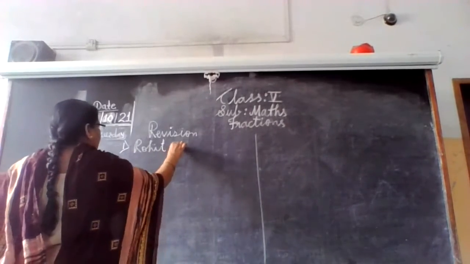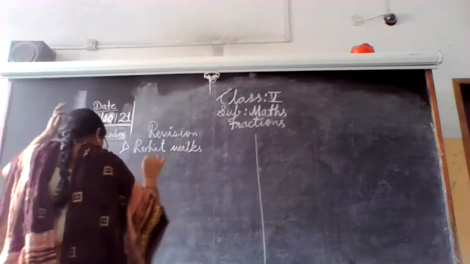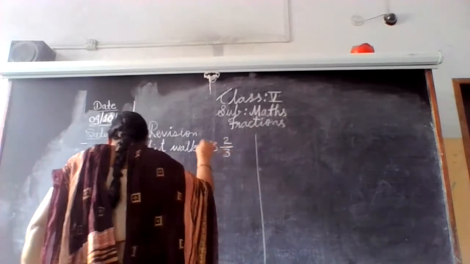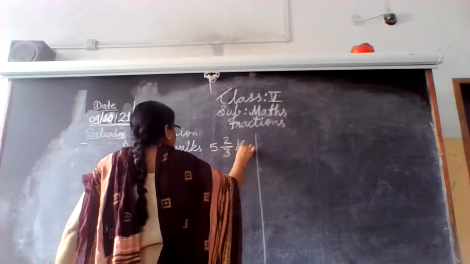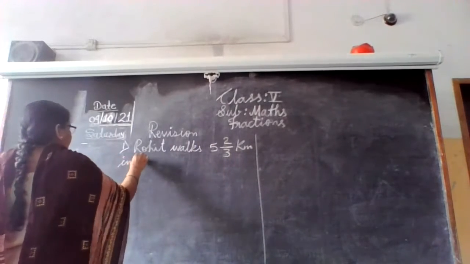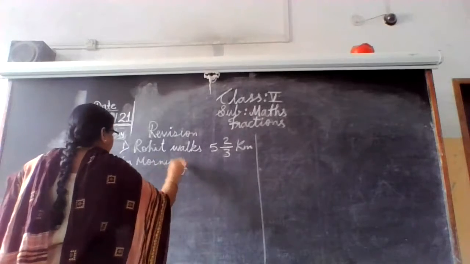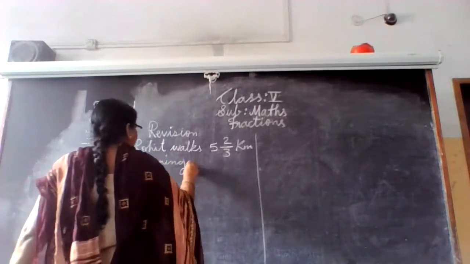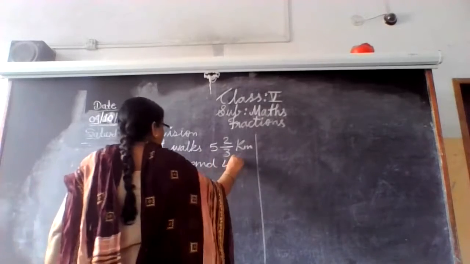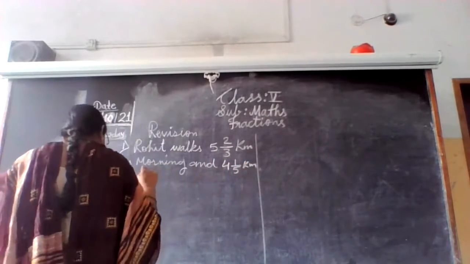Rohit walked 5 integer 2 upon 3 kilometer in the morning and 4 integer 1 upon 5 kilometer in the evening.